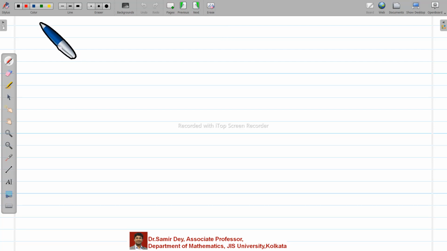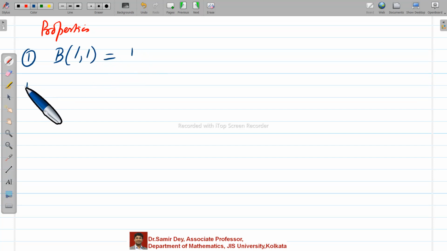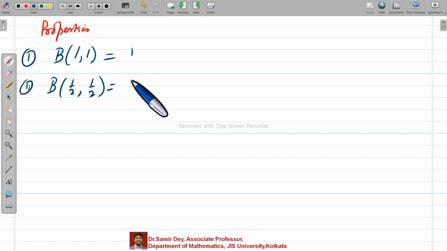Some important properties of the beta function: B(1, 1) equals 1. Number 2, B(1/2, 1/2) equals pi. These are the important results.